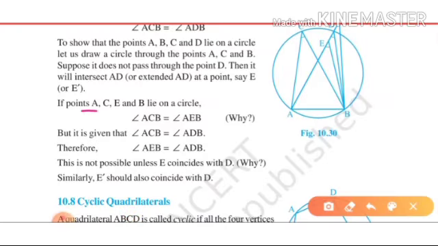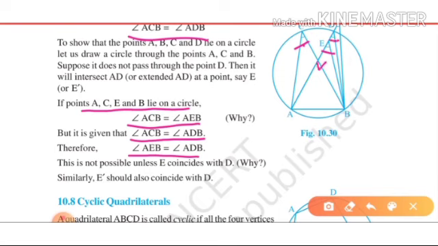Now by theorem, if these points lie on the circle, then ACB will be equal to AEB. This ACB will be equal to AEB, but we are given this ACB is equal to ADB. We have already been given this one, so therefore we can say this AEB and ADB are equal. And we know this is not possible.